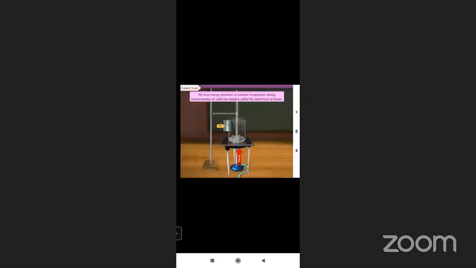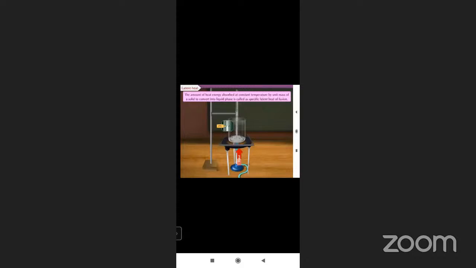So the same thing we have seen in the form of a slide. Now, one more definition. The amount of heat energy absorbed at constant temperature by unit mass of a solid to convert into liquid phase is called specific latent heat of fusion.